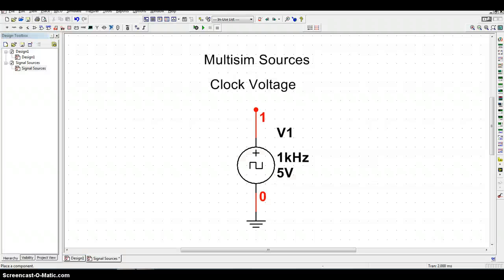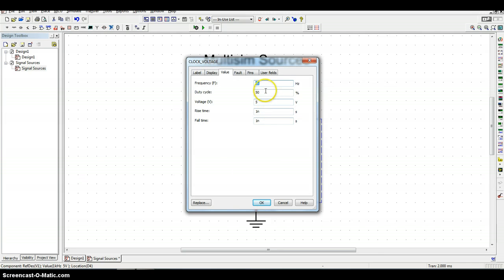A convenient voltage for digital work is that of the clock voltage. Now the clock voltage, the default value is 5 volts and 0. And you see here a frequency of 1 kilohertz, duty cycle of 50%. You can change the duty cycle on it. The voltage is 5.